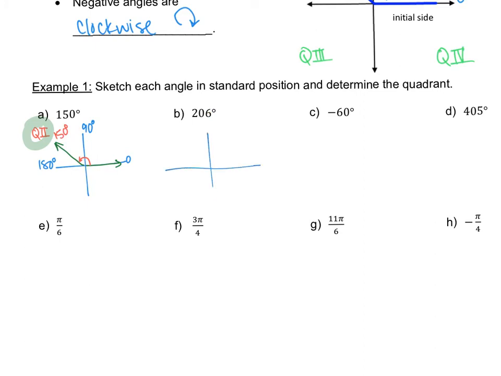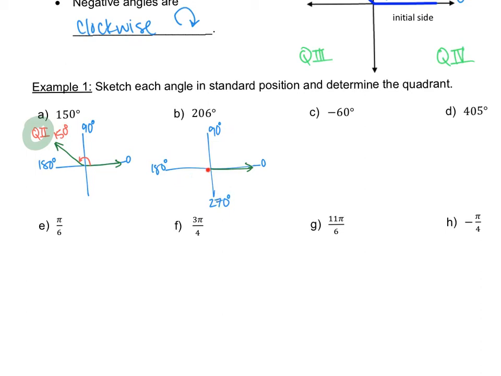Again, I'm going to draw my coordinate system. Got to start at 0 for my initial side, and now I have to draw my terminal angle and see where it lands. Again, this here is 90 degrees, this is 180, and that's too little because I have 206. So it's past 180, and here is 270. Remember, just add 90 degrees. And that 270 is too much.